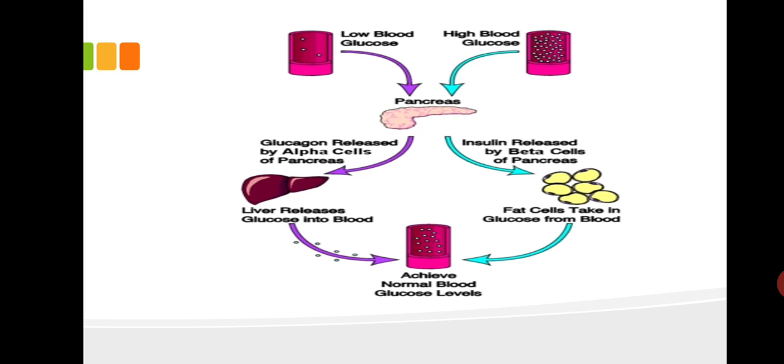When there is a high blood glucose level in the bloodstream, insulin is automatically released by beta cells of the pancreas, and the fat cells take in glucose from the blood to achieve normal blood glucose level.